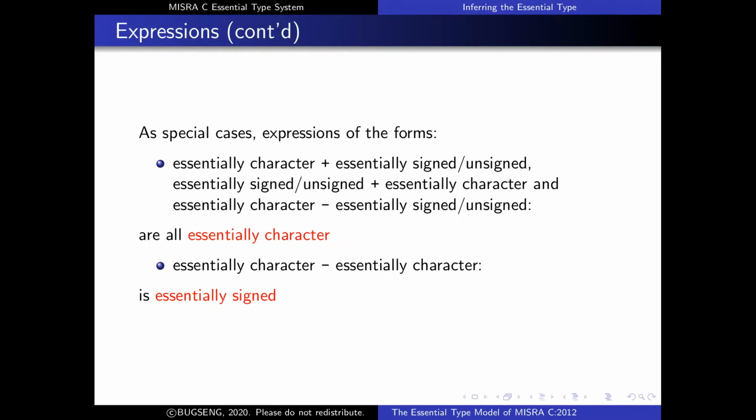Again, this is idiomatic use where you want to be, for example, independent from the character encoding, and you want to compute the difference in number of positions between lowercase a and uppercase A, for example.